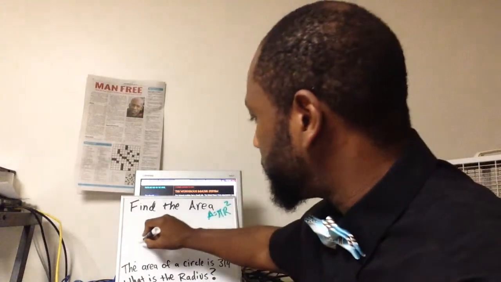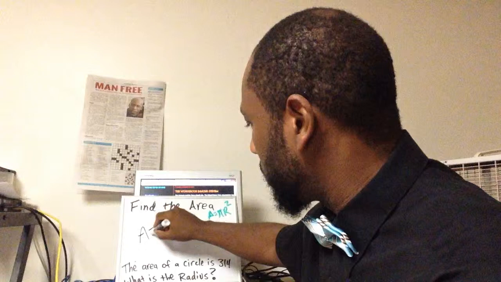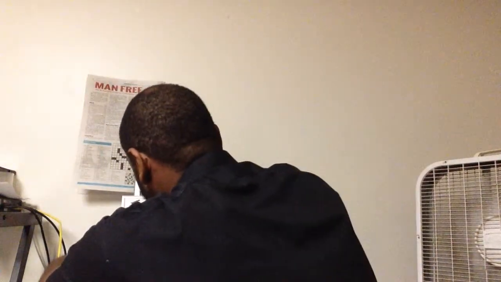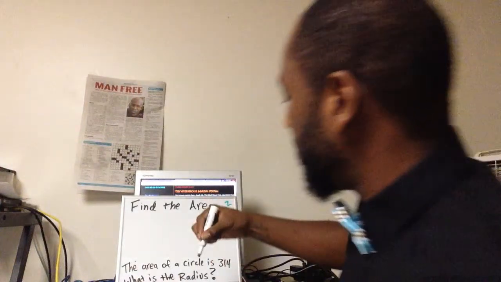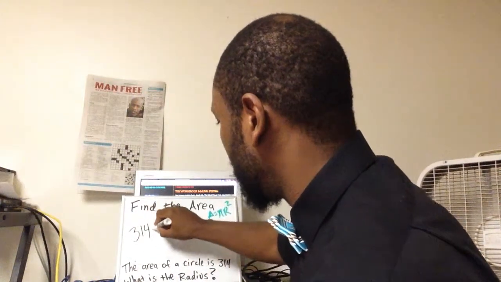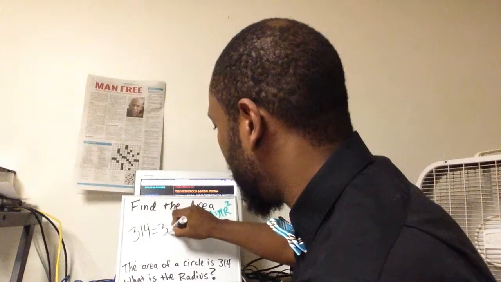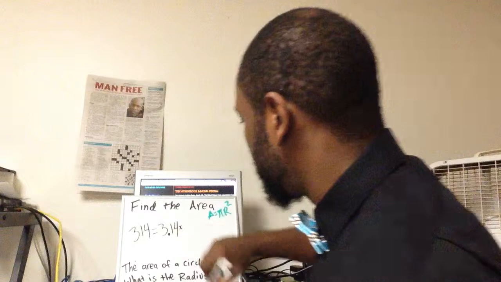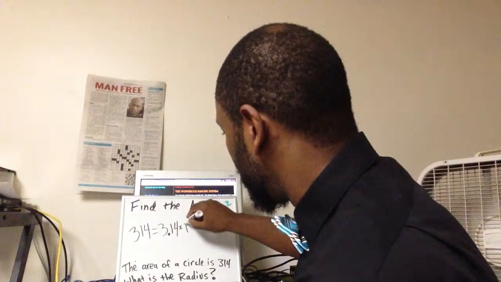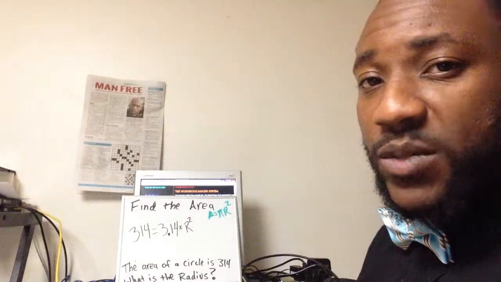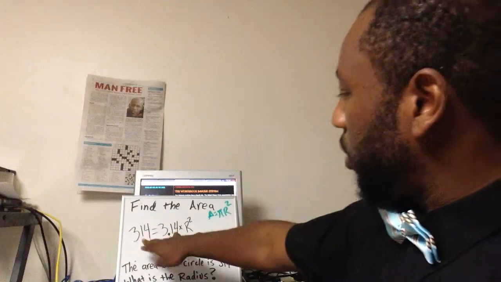So, area equals, excuse me, not area. We already know what the area is, so 314 equals pi times radius squared.